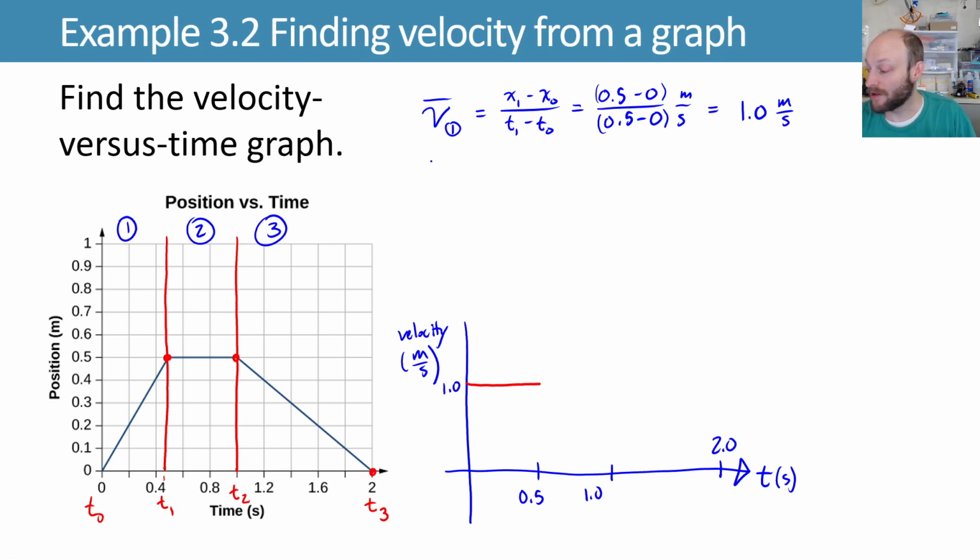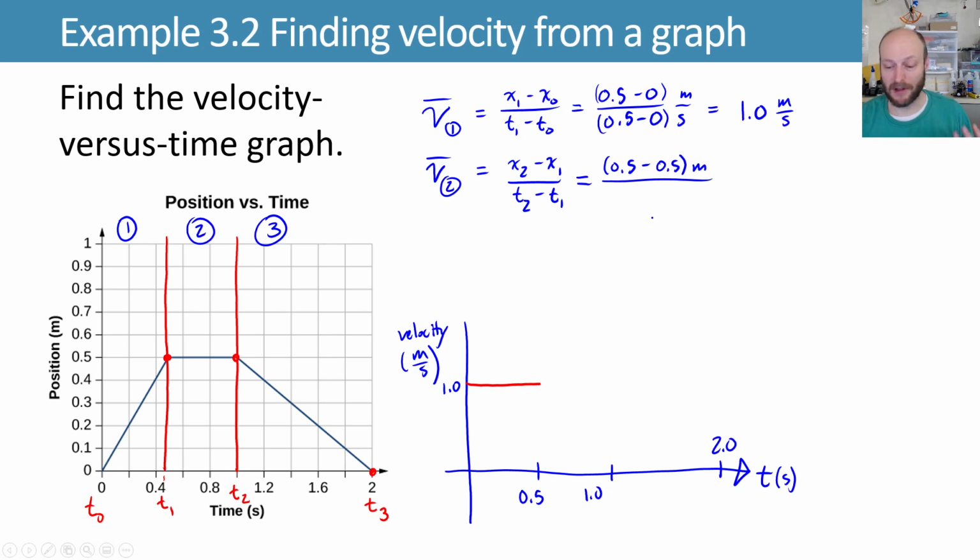Let's consider the second region now. My average velocity for the second region is going to be my final position minus my initial position. Here it's going to be my position evaluated at time 2 minus my position evaluated at time 1, divided by the elapsed time, time 2 minus time 1. Here I'm at 0.5 for both of these, so 0.5 meters minus 0.5 meters divided by, it turns out it doesn't matter what's going on with the times here.